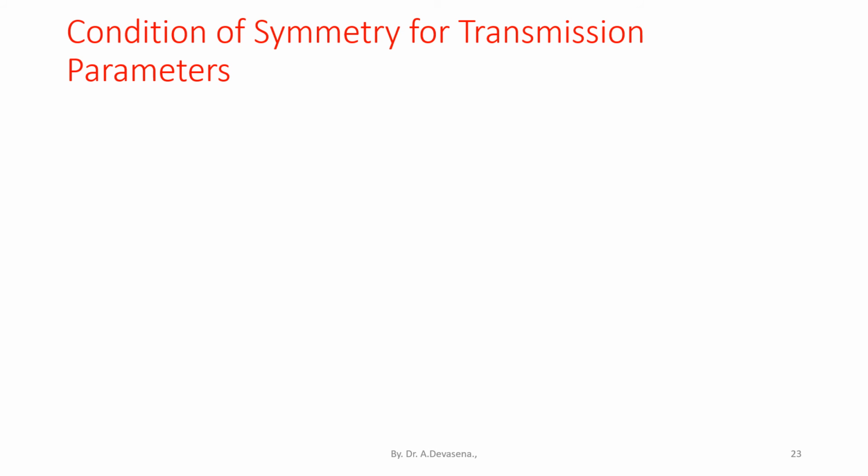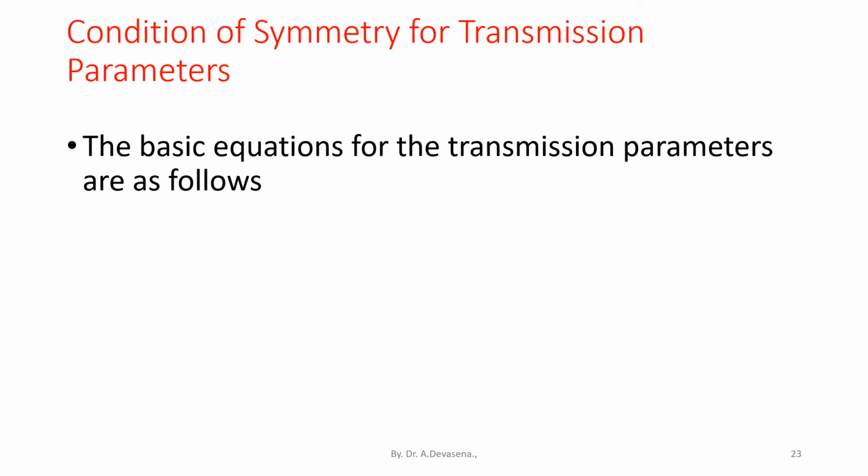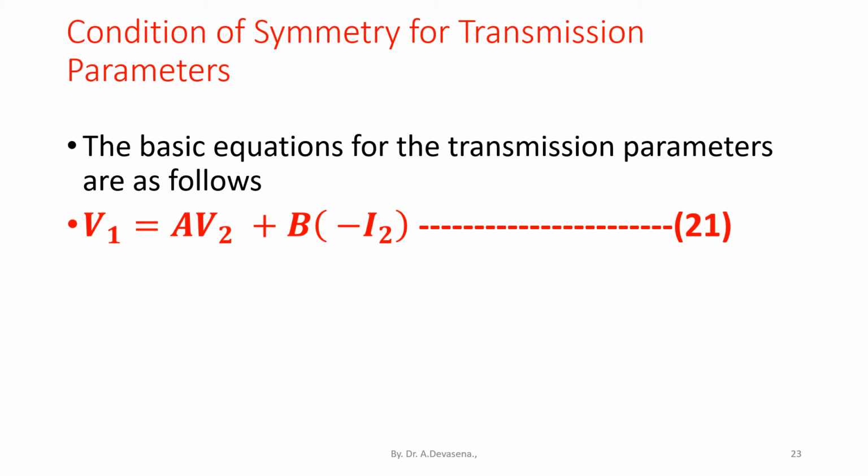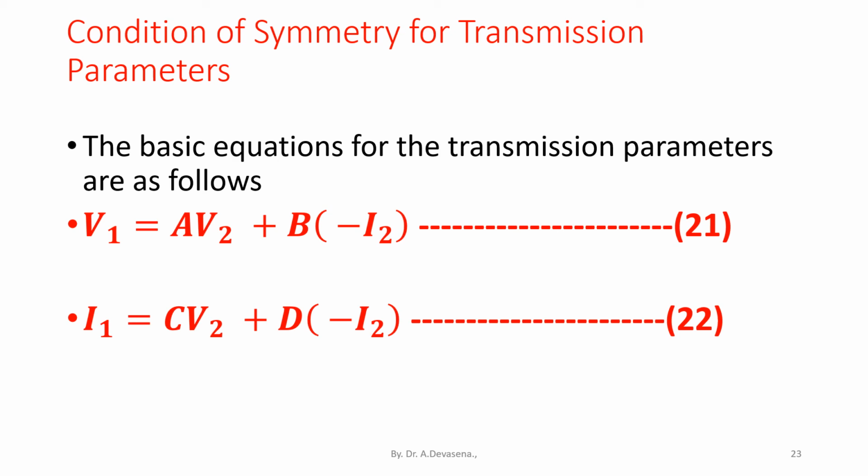Let us discuss the condition of symmetry for transmission parameters. The basic equations for the transmission parameters are as follows. V1 is equal to A V2 plus B into minus I2. Consider this as equation 21. I1 is equal to C into V2 plus D into minus I2.